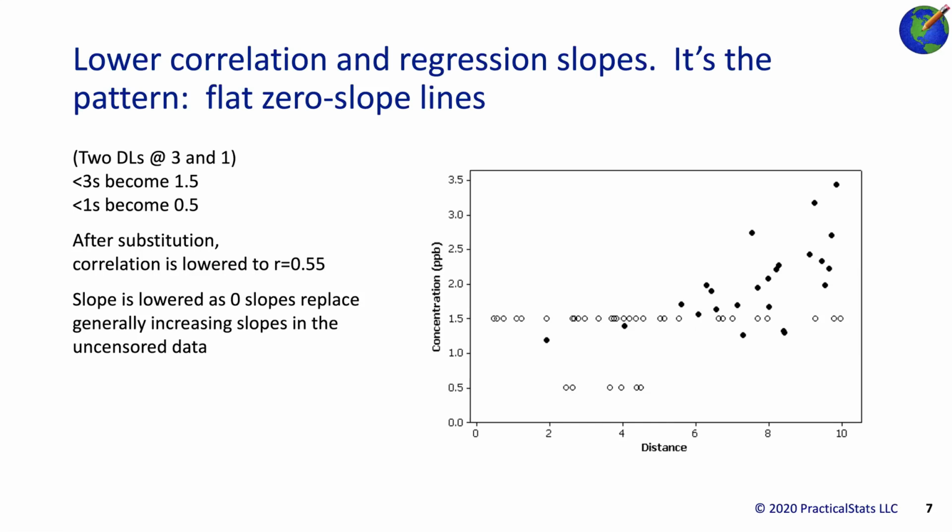So it's lowered the amount of correlation that's observed here. And the computer doesn't know that these flat line points are not real. You should know that they're not real, but it doesn't. So it waters down correlation. It waters down the slopes. The slope that would be computed from data looking like this will be lower than the slope in that original data.